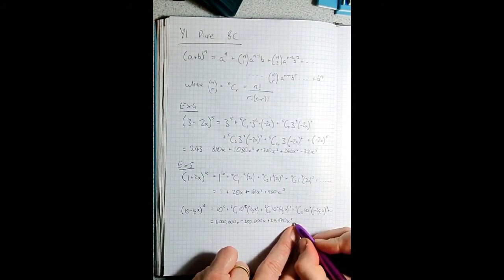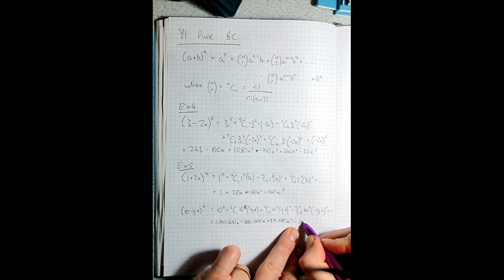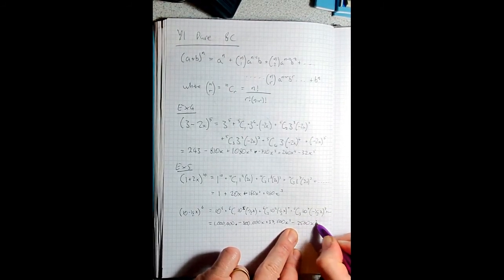And the last term simplifies to minus 2,500x cubed.